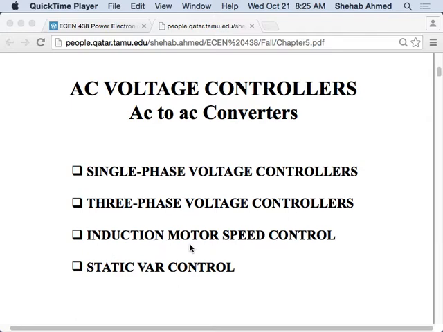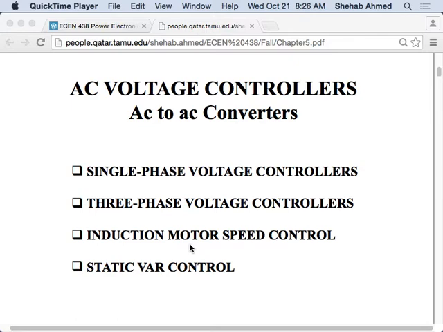So starting induction motors using this AC voltage controller technique works, but it will not work in applications where you need starting torque. For example, if you have a lift, you have a load from t equals 0, right?